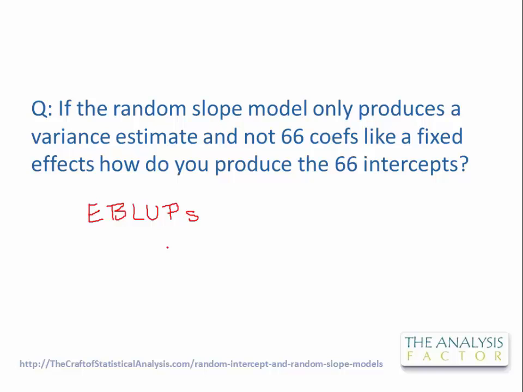So it's all happening behind the scenes. You can ask your software to save these EBLUPs for you, but it's never something you could calculate by hand. So the model is producing it sort of as an after the fact estimate. It's not something it has to produce in order to run everything.